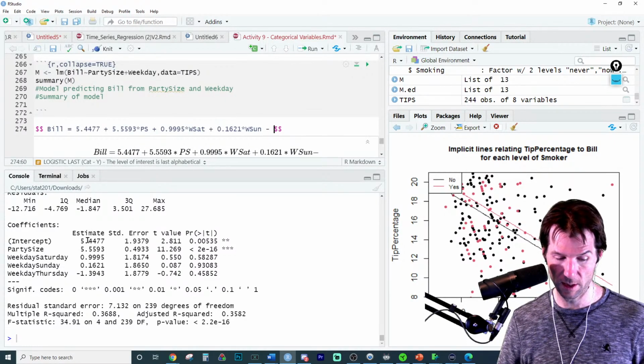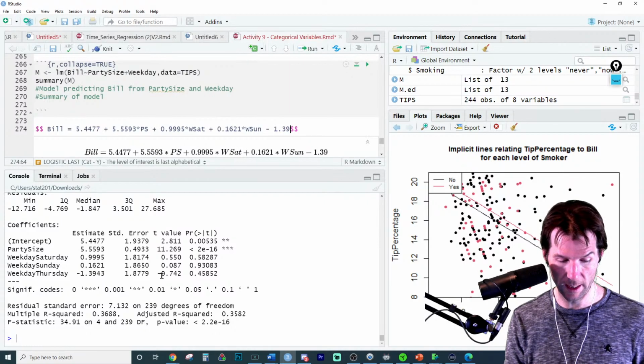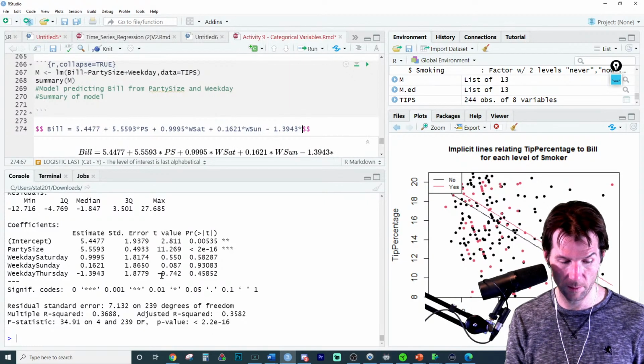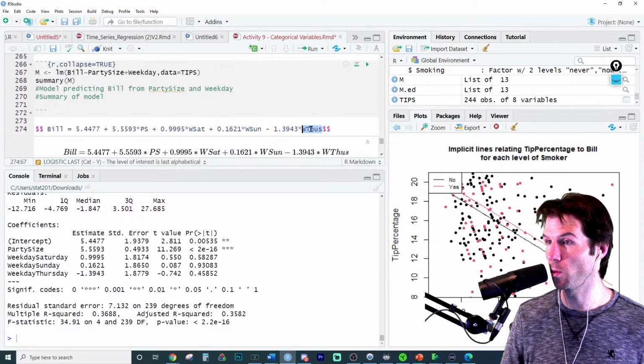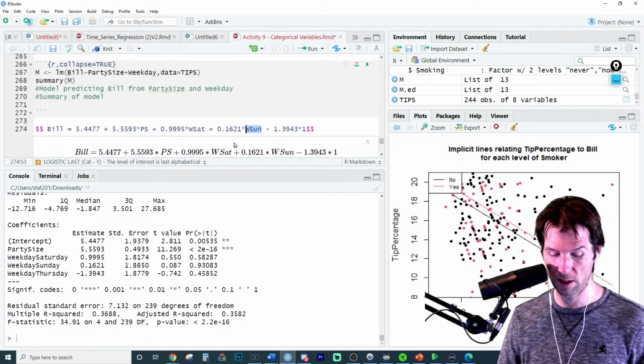We're just going down this plus this plus this times this plus this times this. And then we go right here and do 1.3943 times weekday Thursday. And if it is Thursday, we put in a 1 right here, and we change all these to zeros.